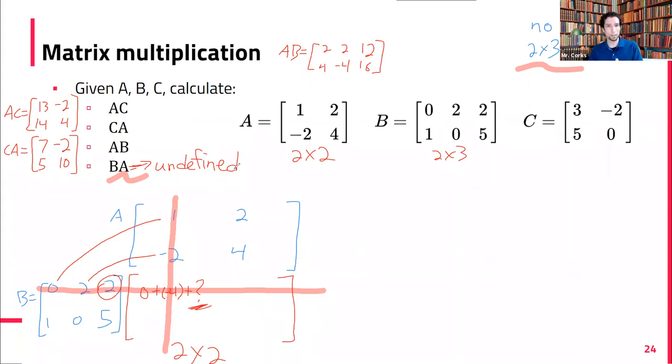Even more than that, just flipping the order can go from a possible operation to an undefined, an impossible operation. So changing the order is significant. It's not an arbitrary change. We have to re-look at the two matrices and see if it's possible, and if it's possible, then okay, what would the numbers be? But changing the order completely changes things. It does not follow normal multiplication rules.